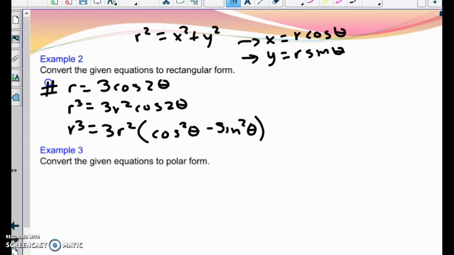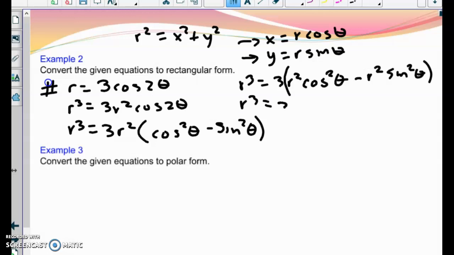So when I do my distributing here, I'm going to end up with r cubed equals 3 times r squared cosine squared theta minus r squared sine squared theta. Well, I know that both of those are going to simplify: r squared cosine squared is the same as x squared, and r squared sine squared is equal to y squared.